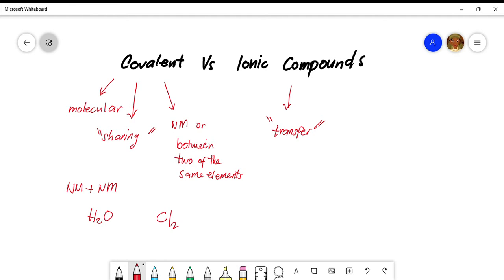Of course, it is formed through ionic bonding. Since it's ionic bonding, we have nonmetal plus metal. So ionic compounds are often between nonmetals and metals. A common example for ionic compounds is NaCl, where we have the sodium positively charged and the Cl negatively charged.